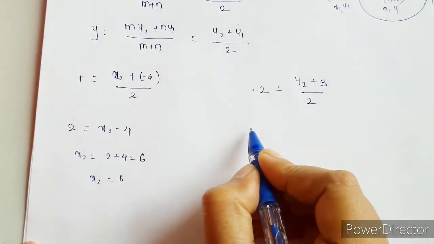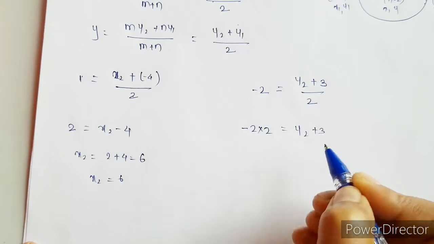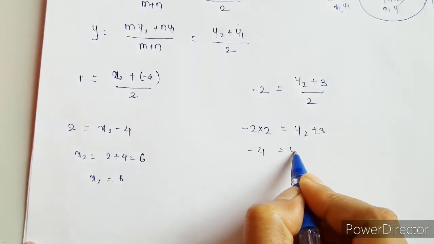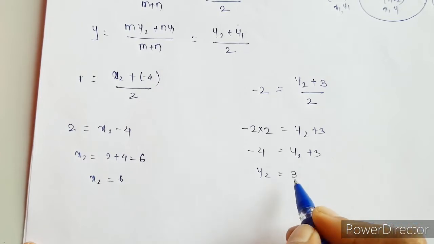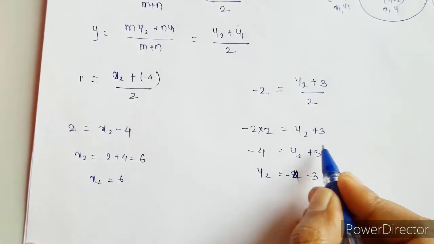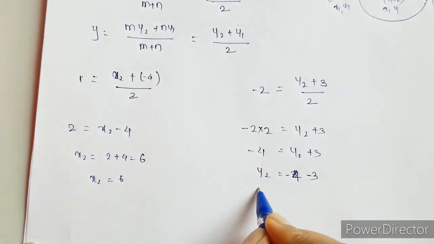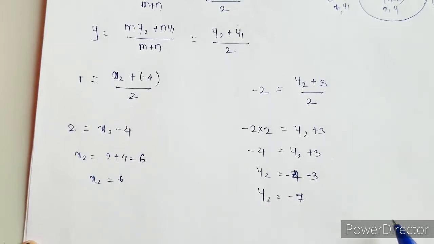Similarly, again I am cross multiplying this. So this will be minus 2 into 2, y2 plus 3. So minus 4 equals y2 plus 3. So y2 is nothing but, sorry, yeah, here we have minus 4 minus 3. I am taking this 3 to the other side, so it will be minus 3. So the value of y2 is nothing but minus 7.